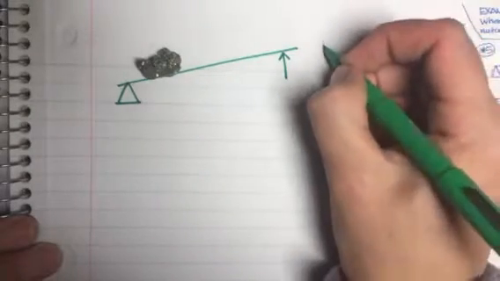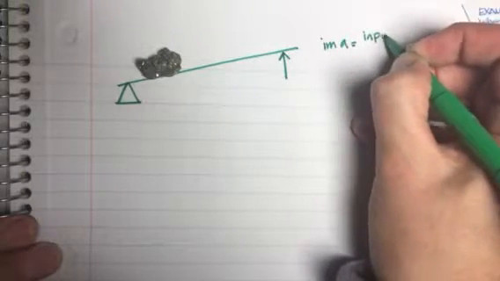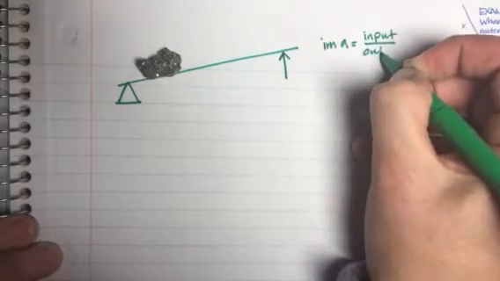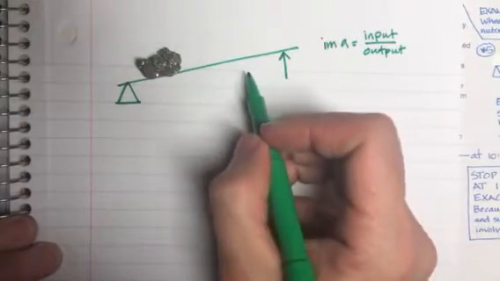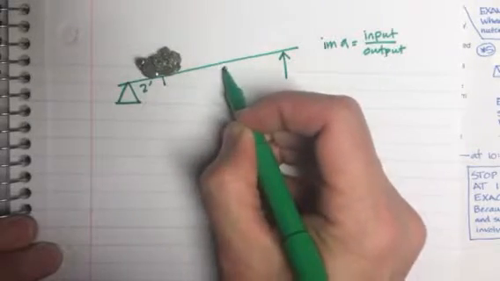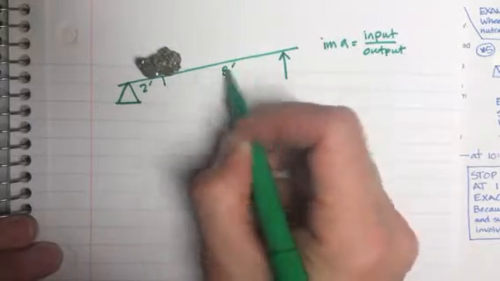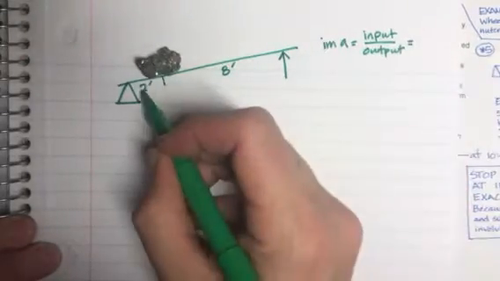So we use the same thing for mechanical advantage. IMA equals input arm divided by output arm. So let's make this another 10-foot thing. If the center of gravity of my rock is 2 feet out and this is 8 feet, what's my input arm? It's 10 feet.